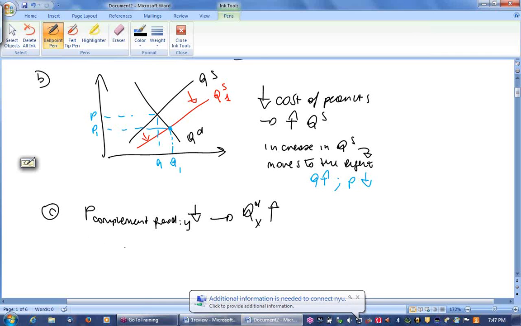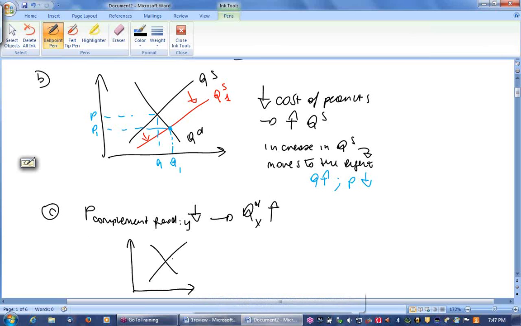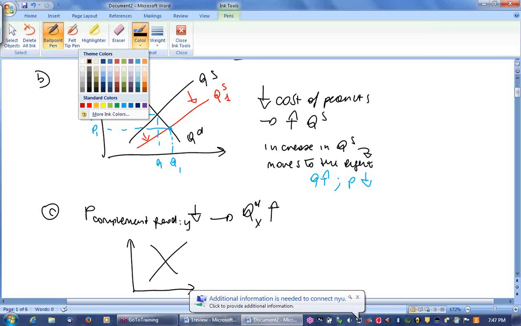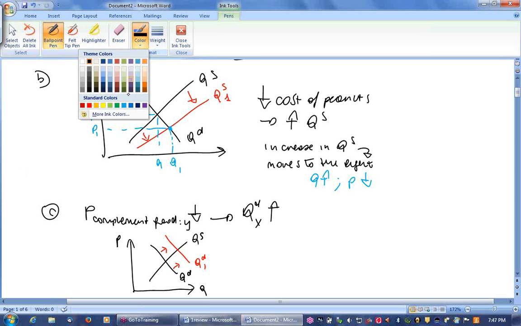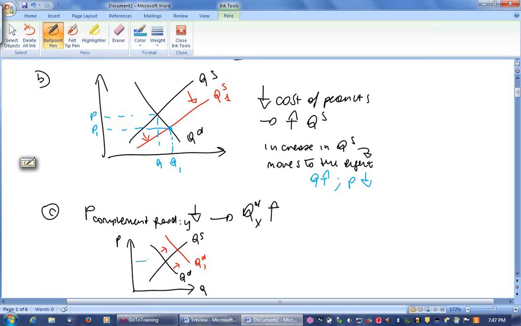So here we have that our demand curve is moving to the right because it is increasing, right? While the supply curve stays the same. So again, as in the first case, A, we have that the price in equilibrium and quantity in equilibrium increase.